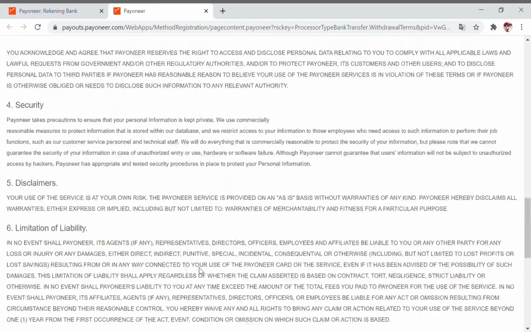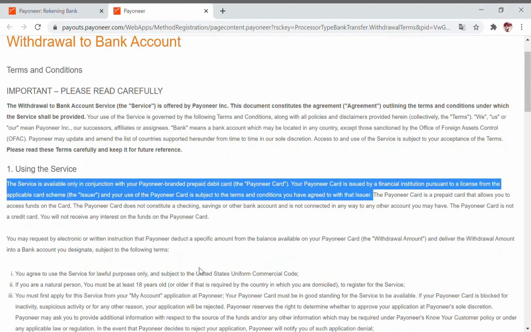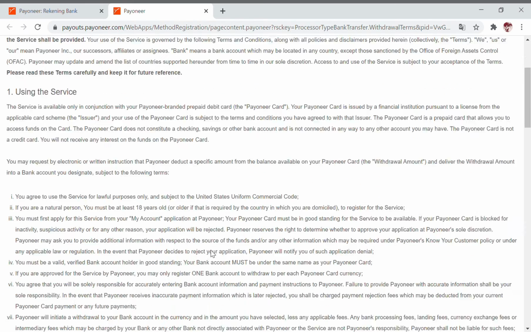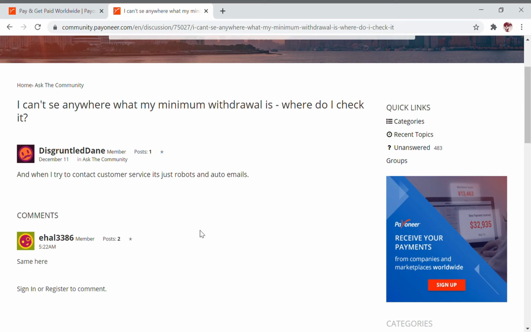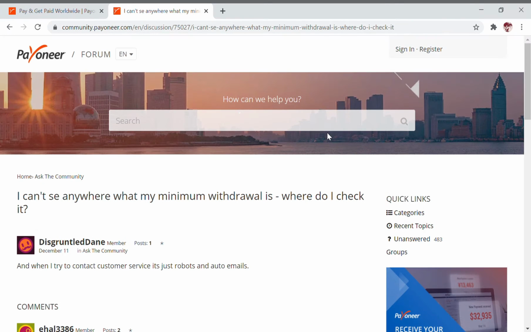So Payoneer can set it to $200 for you, whereas for other people it might be $50. To me it sounds pretty arbitrary, and they don't tell you how they decide on the particular amount for your account. And now here's the thing, the money is basically stuck there.